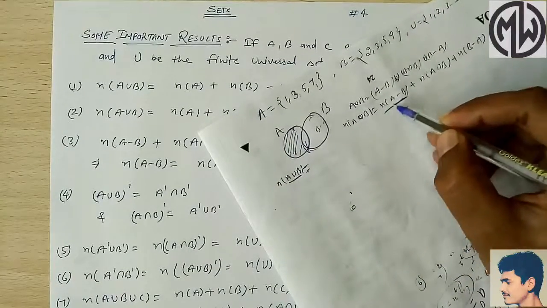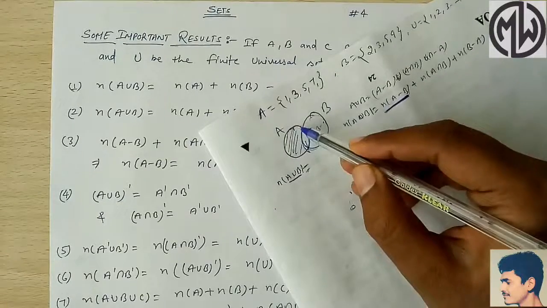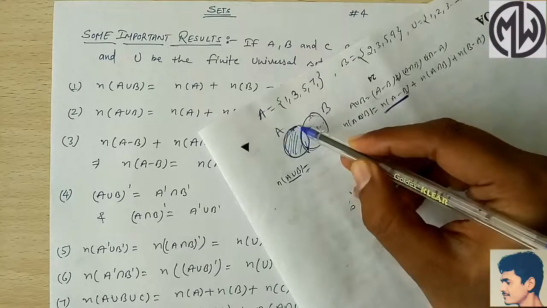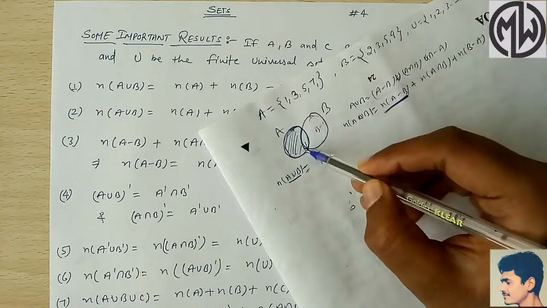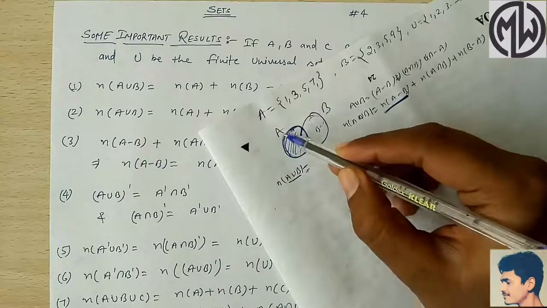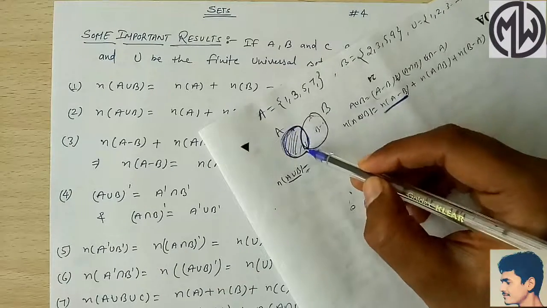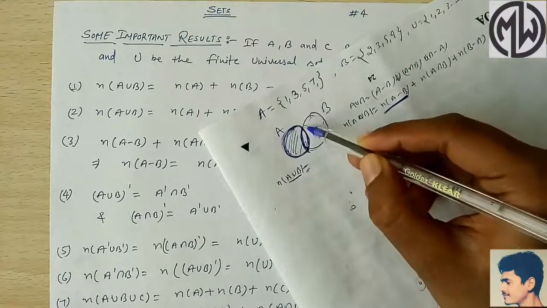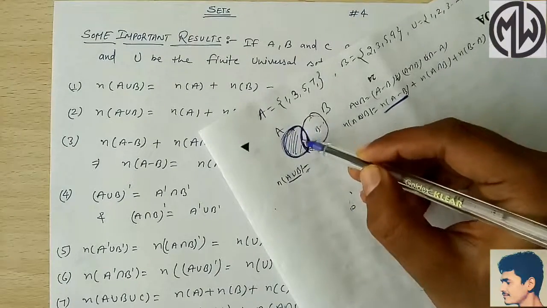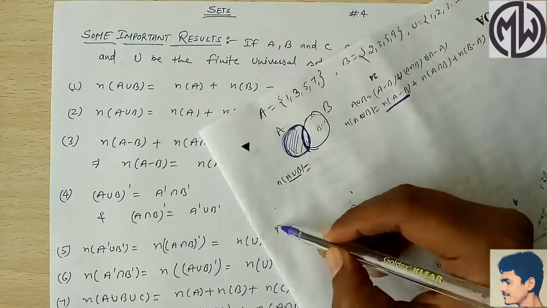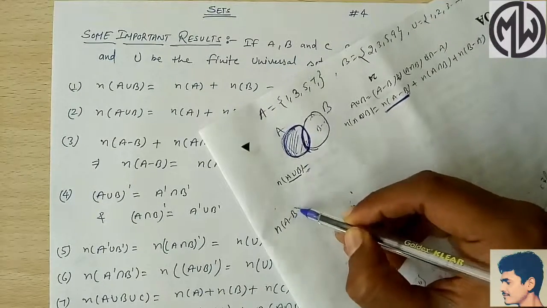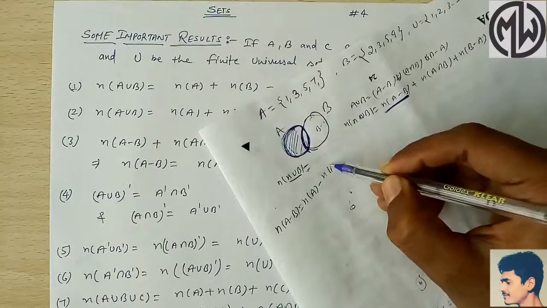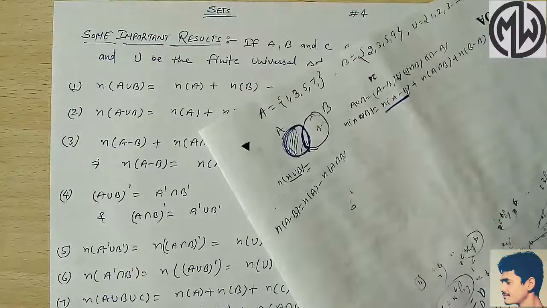Now, number of elements in set A minus B, meaning this part, what can we write it as? That part can be written as number of elements in set A minus number of elements in A intersection B. That is, if you remove this part from the whole set A, obviously this part remains. That means number of A minus B is equal to number of A minus number of A intersection B. Simple.